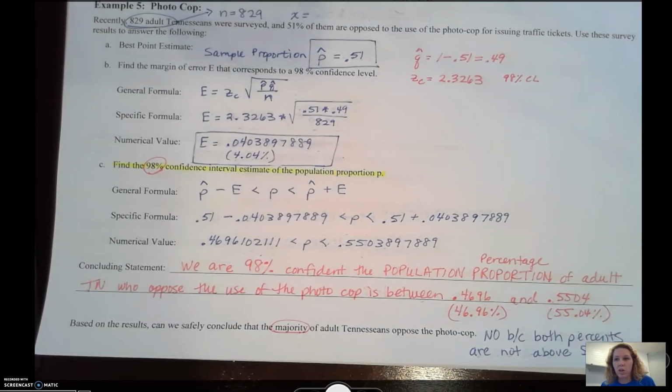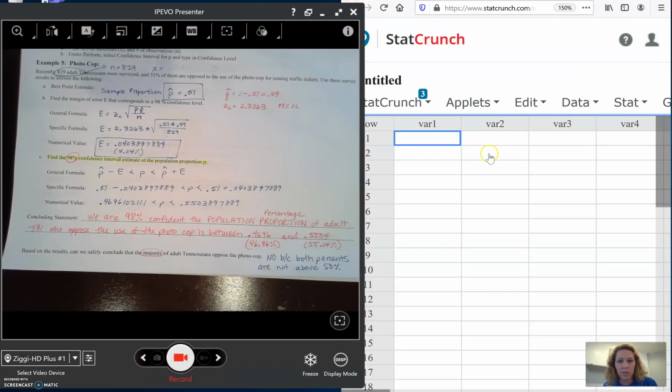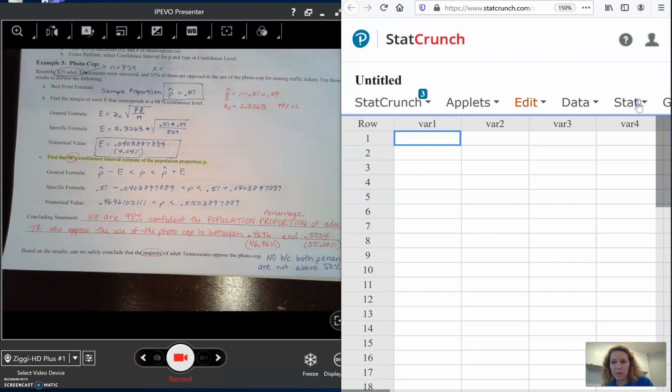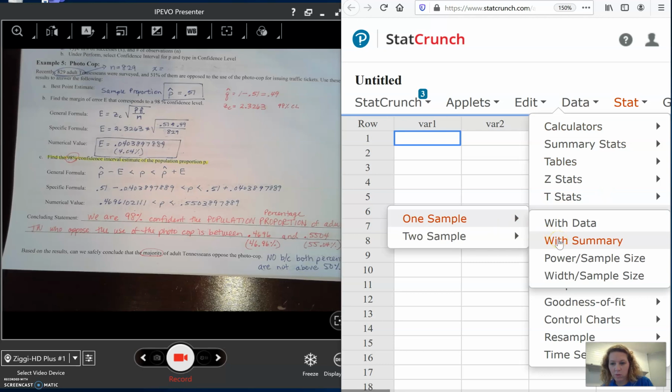Let's go double check our work on StatCrunch. Okay, so on StatCrunch, remember what we have to do? We have to go to Stat, and then, let me click on there, opens it up, Proportion Stats, One Sample, With Summary.